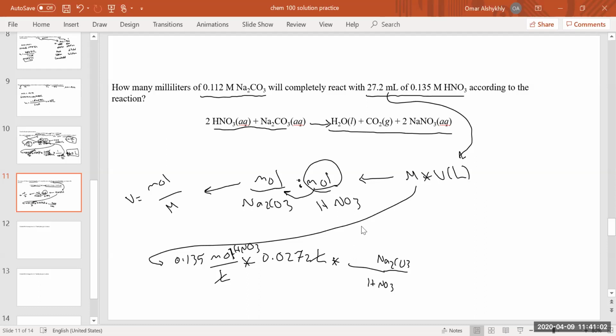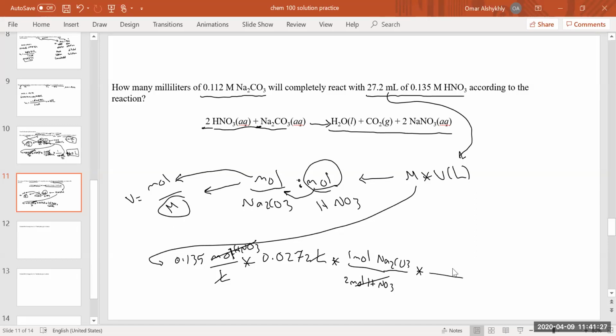From the balanced chemical equation, I have 2 for HNO3 and 1 for Na2CO3. So 1 mole Na2CO3, 2 mole HNO3. Cancel mole HNO3 with this one. Now I have the mole of Na2CO3, divided by molarity.